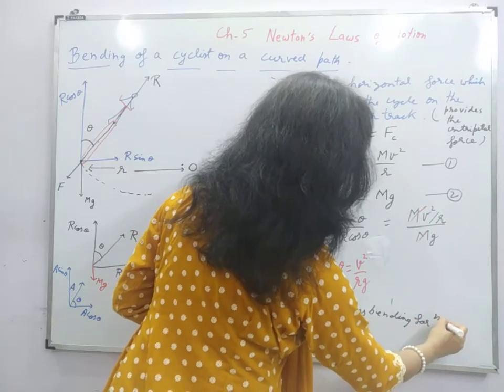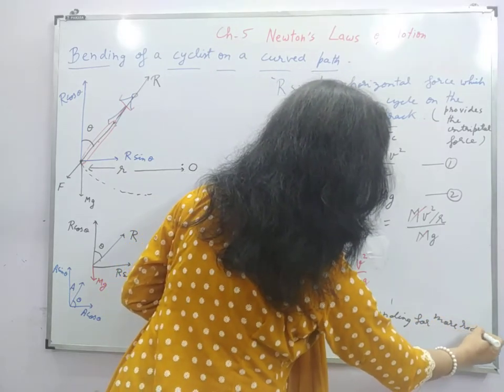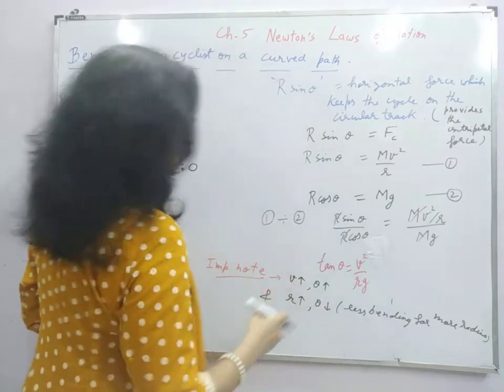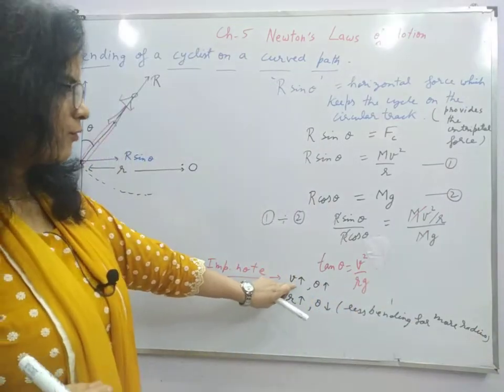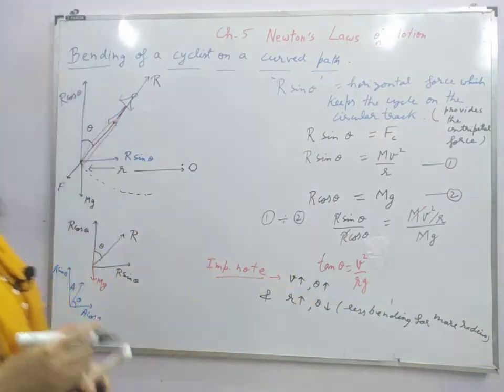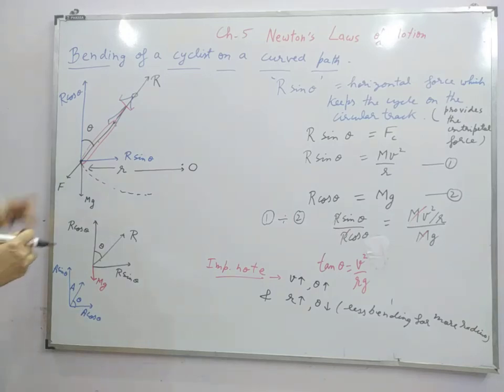And for more velocity, the angle of bending will be more. So this bending will be more if more velocity is required.